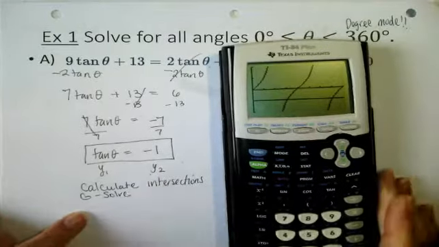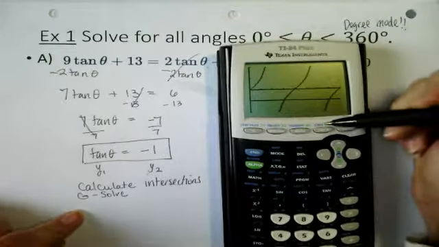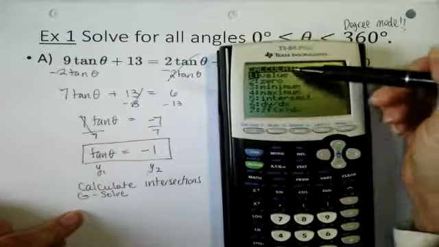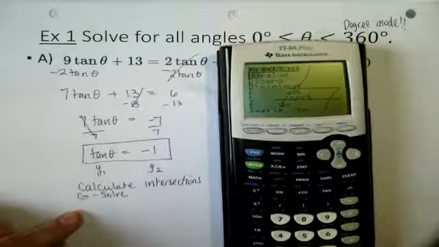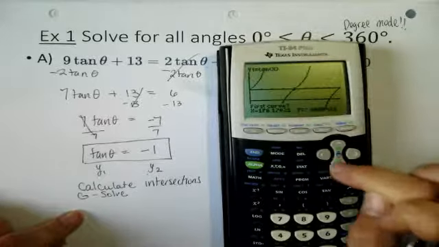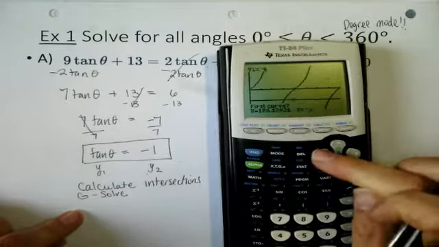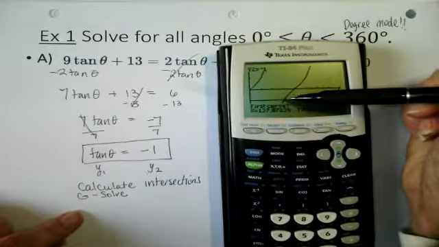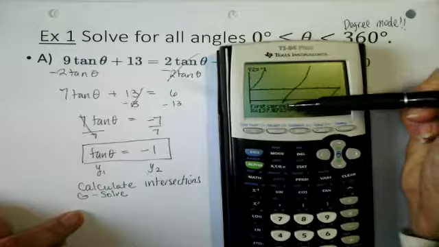Really easy on the Casio. The calculate menu is here in blue. So we're going to do second calculate and go down to intersect, number 5. And then what we want to do is simply use the down arrow so I can get to the straight line, and then move Tinkerbell to that point of intersection, and it's asking, is this the first curve where it intersects?